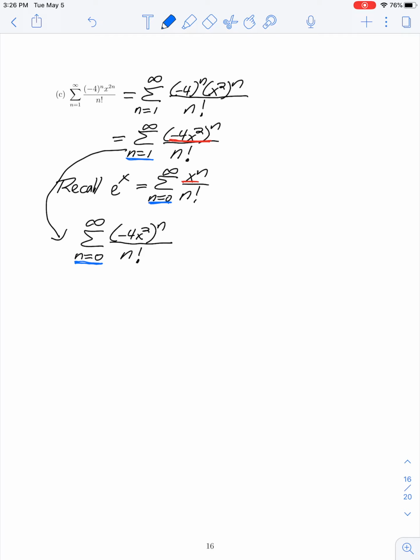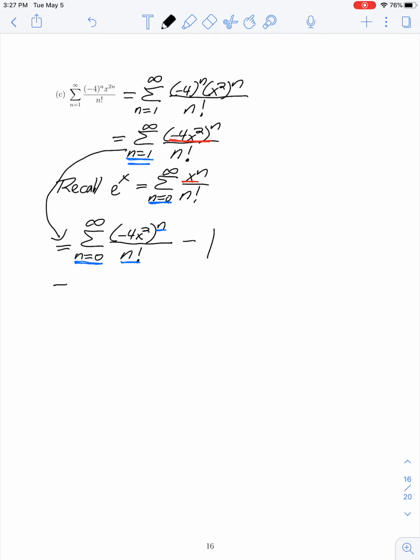Let's see what value. When I plug in 0 for n, I have negative 4x squared raised to the 0, or 1, divided by 0 factorial, which is 1. So by including the index value n equals 0, I've added 1 to the sum when I only started at 1. So in order to keep these values equal to each other, I then have to subtract 1.